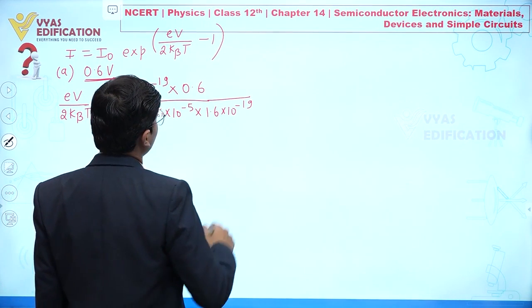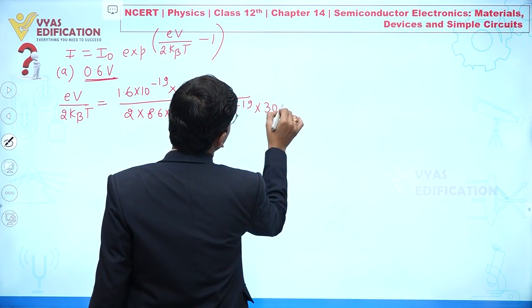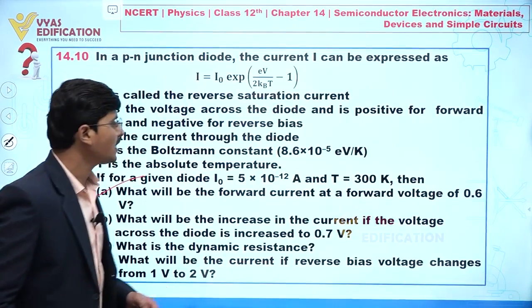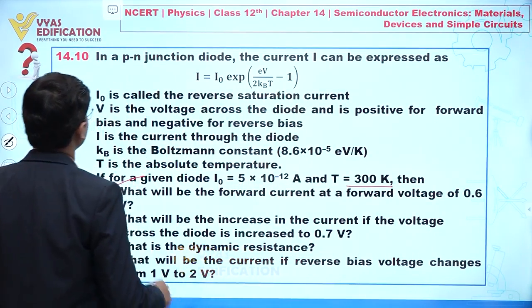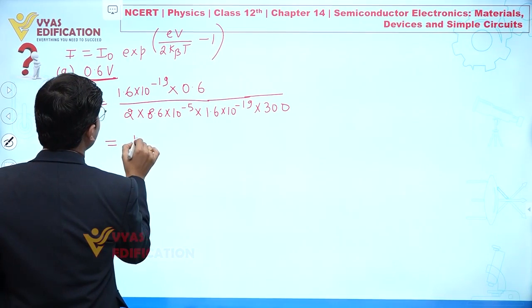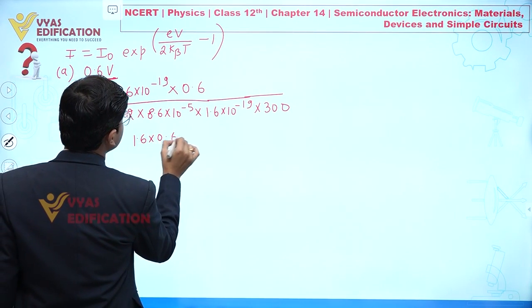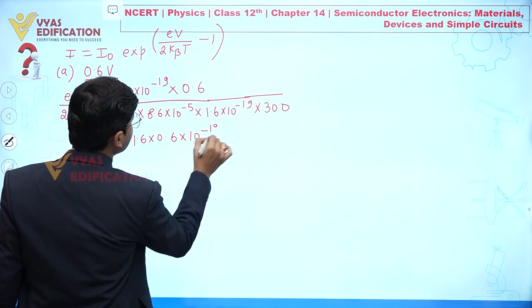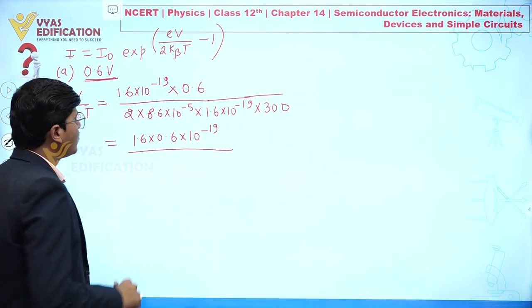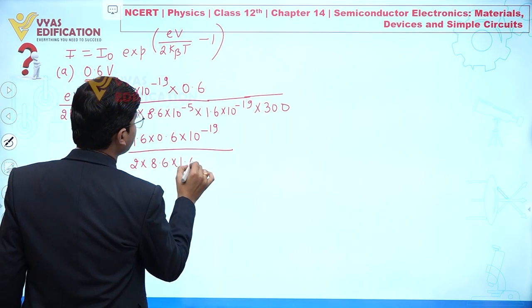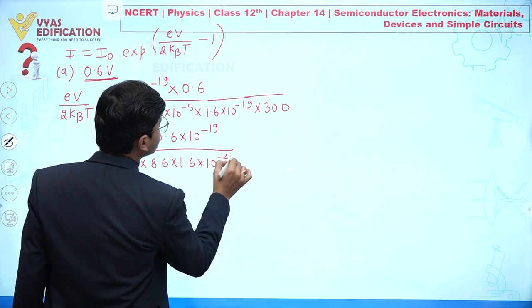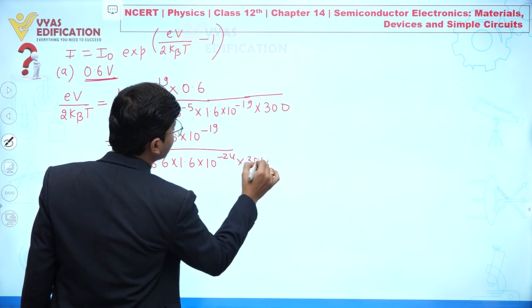And what about temperature? Temperature is given to you as 300 Kelvin. Now we have to solve this expression. So 1.6 into 0.6 into 10 to the power minus 19 divided by 2 into 8.6 into 1.6 into 10 to the power minus 24 into 300.